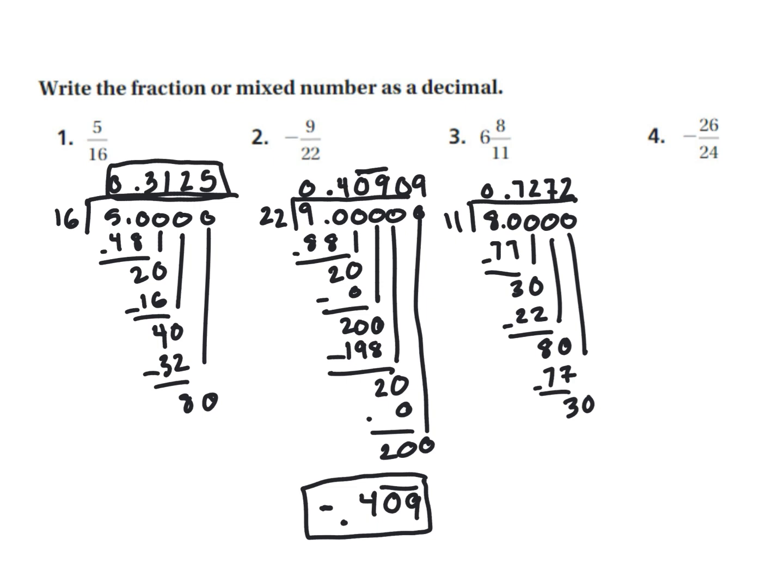So we can see that pattern is going to continue, 0.7272. We had a 6 for a whole number, so this is going to be 6.72, and the 72 repeat, and it was positive.